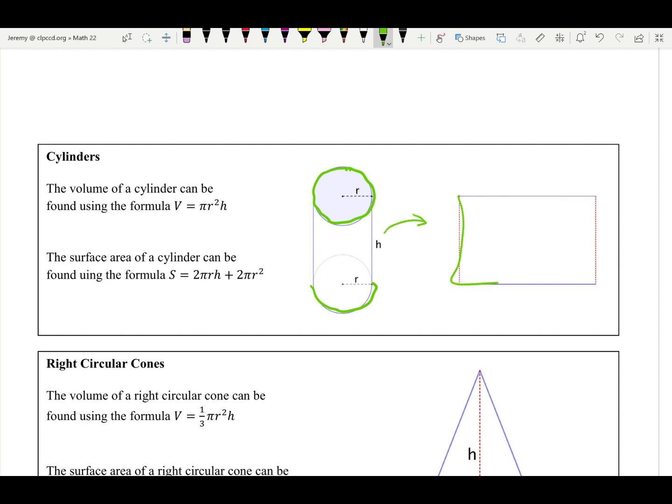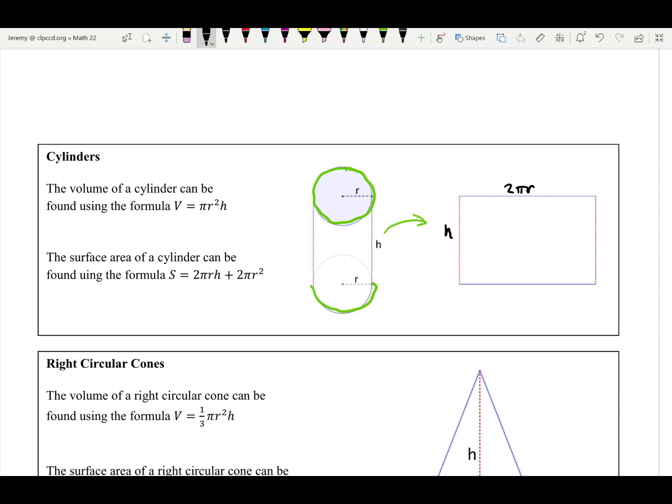And we're going to get this rectangular shape right here. What are the dimensions of this rectangular shape? Well, the height is just going to be h, right? That's already given to us. What is this length going to be? Well, that length is just the distance around this circle. What do we call the distance around the circle? The circumference. What's the formula for the circumference of a circle? 2 pi r.